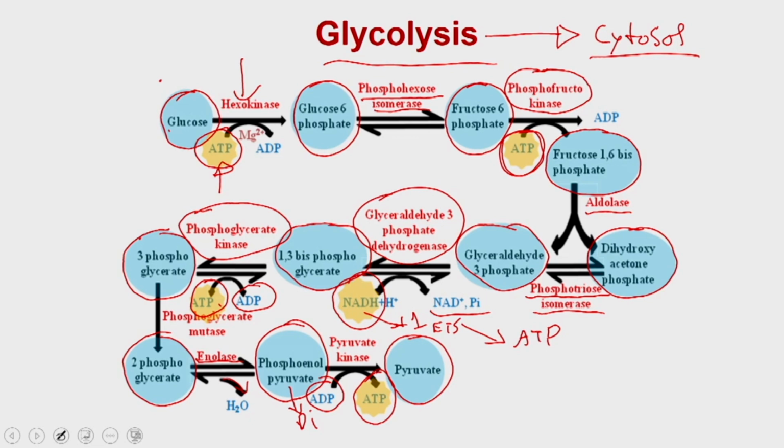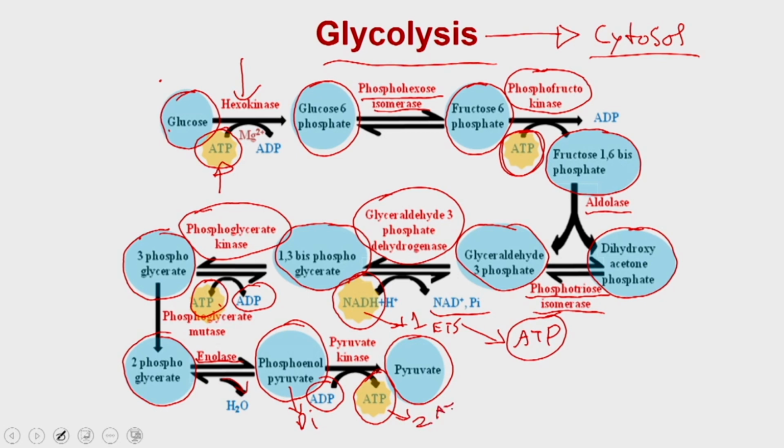Within the electron transport chain it is going to generate ATP, which means you have spent 2 ATPs in the initial 2 reactions, and with the generation of NADH you have produced ATP. In the second reaction, with the extraction of the phosphate molecule from 1,3-bisphosphoglycerate, you have generated 2 molecules of ATP, and in the last step when phosphoenolpyruvate is also losing another phosphate molecule, you are generating another 2 molecules of ATP.